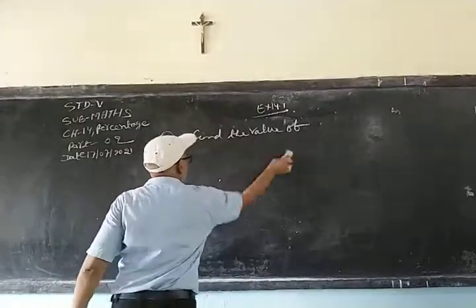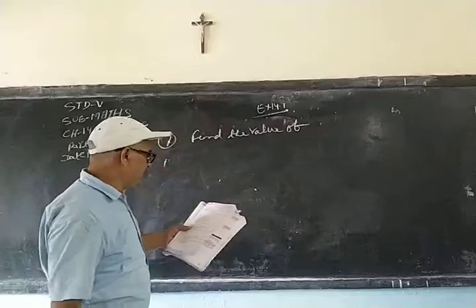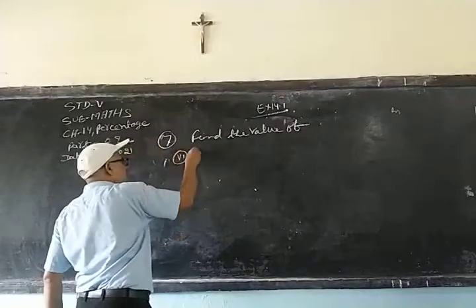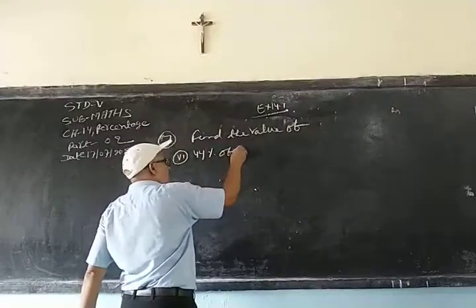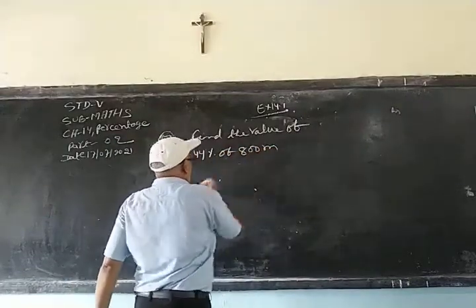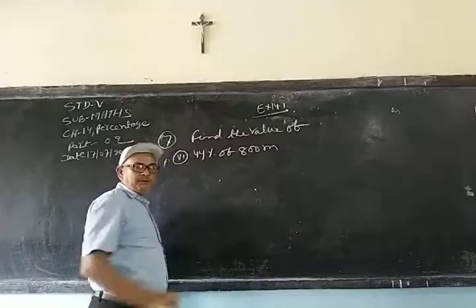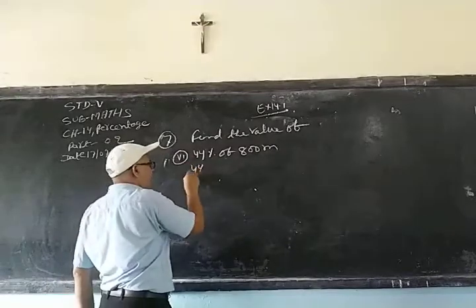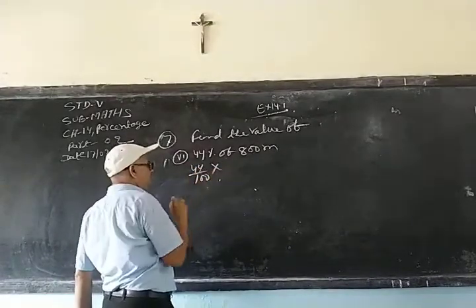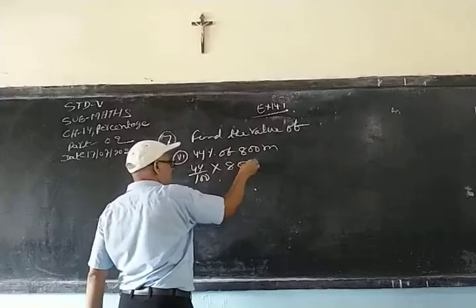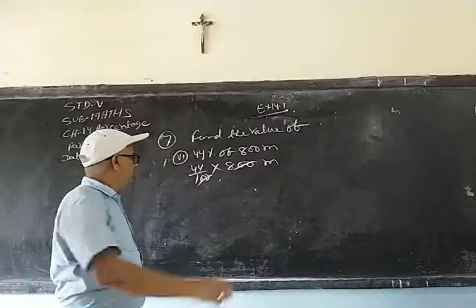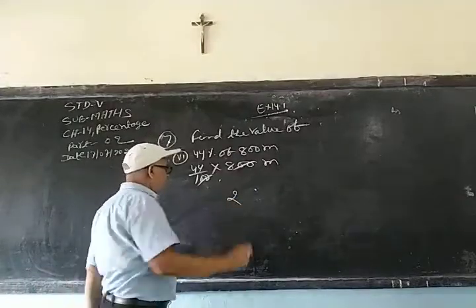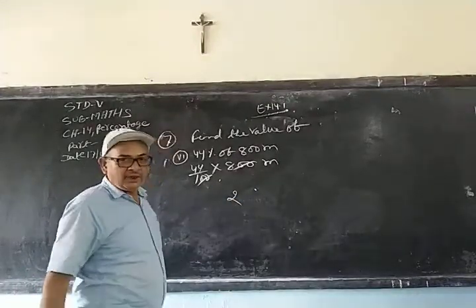Next, 44% of 800 meter. 44% means what? 44 by 100, of means into 800. See this one, meter unit is there, so you will write meter. 8 into 4, 32.